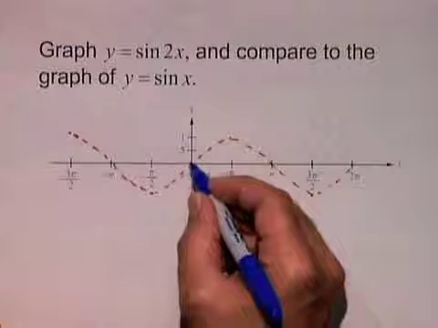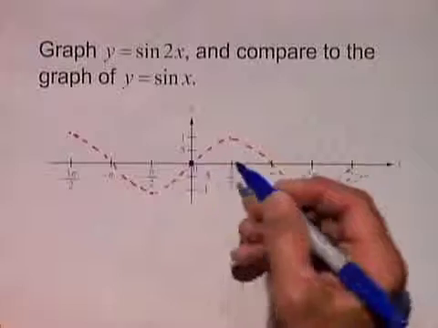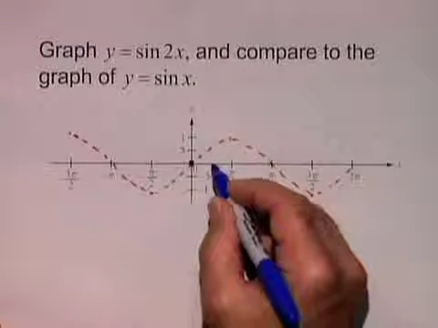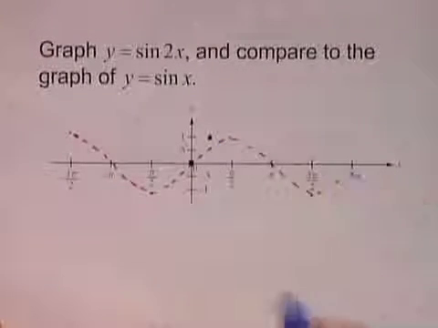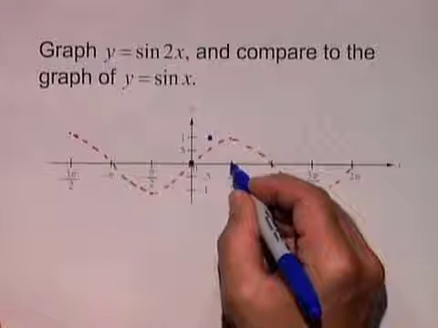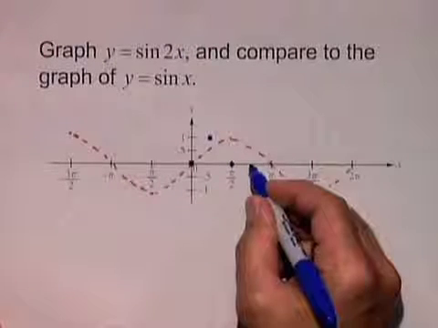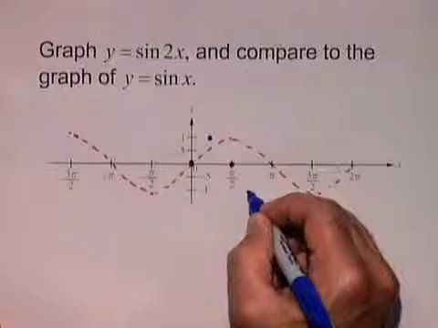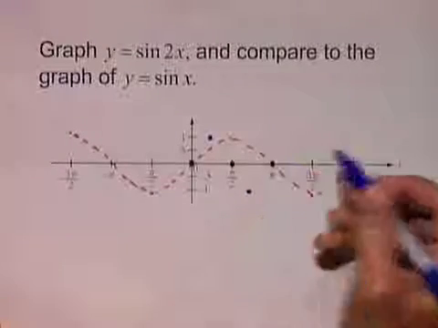So let's plot those points on a set of axes on which I've already drawn in a red dotted line y equals sine x. So starting with 0, 0, and then we move to pi over 4, which went up to 1. Pi over 2 was at 0. 3 pi over 4, negative 1, and pi at 0.